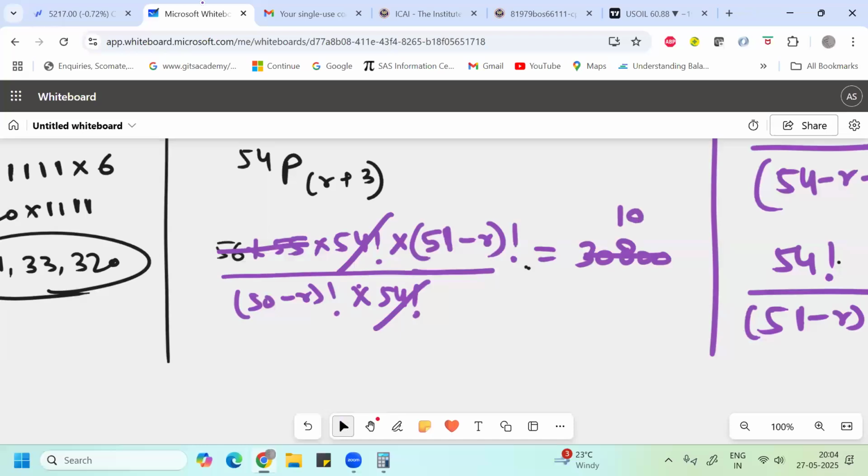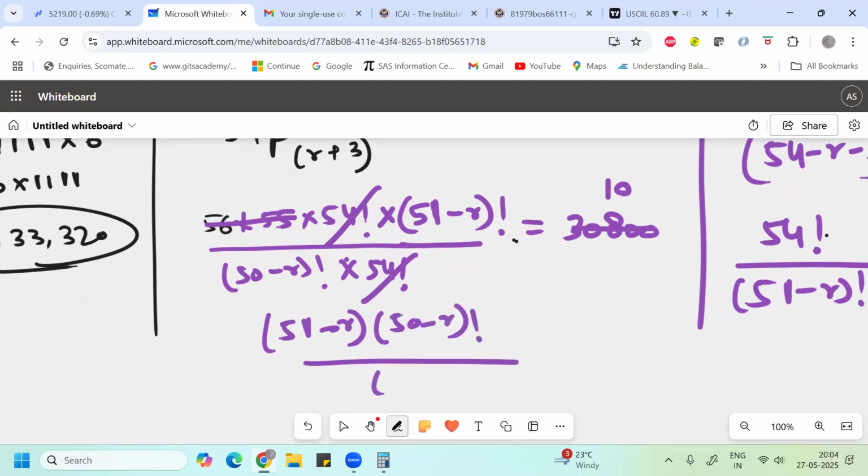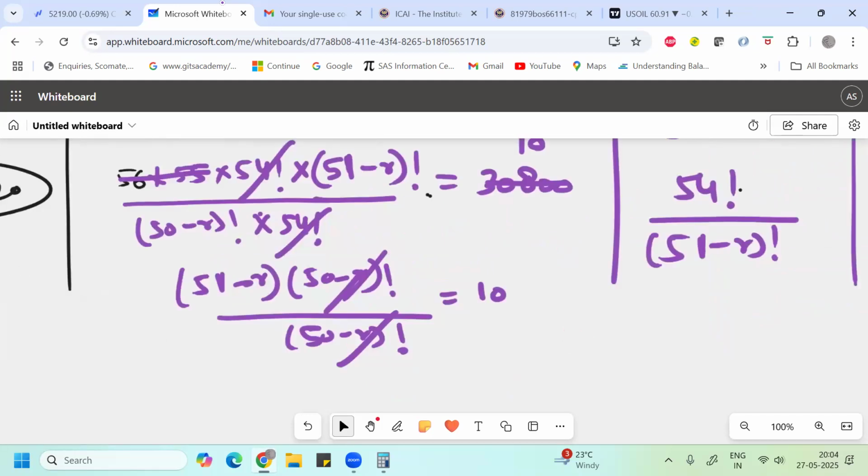So this will give you 10. (51 minus r) into (50 minus r) factorial divided by (50 minus r) factorial, so 51 minus r is 10. So r is equal to 41. If you solve this, you will get the value of r as 41.